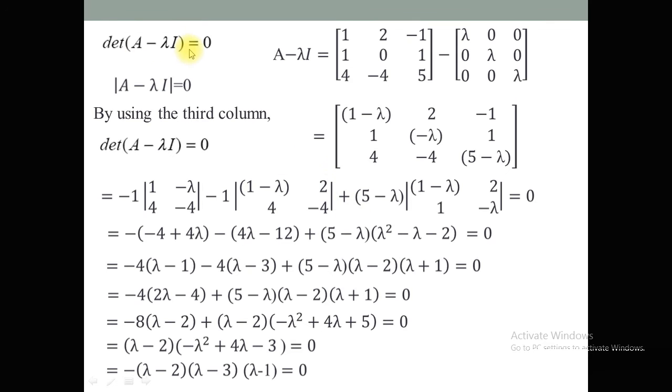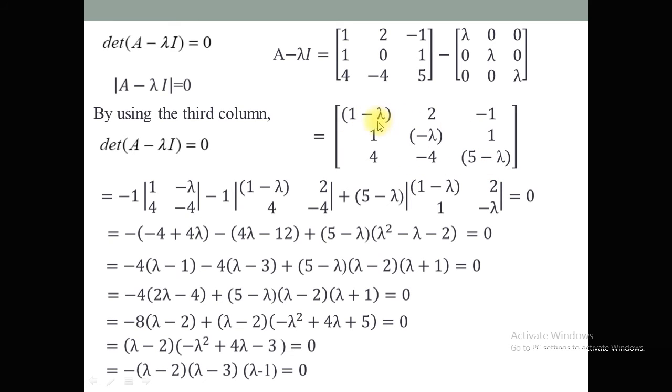You see over here, I want to tell you about finding the eigenvalues using the characteristic equation: determinant of A minus lambda I is equal to 0. So this is matrix A, multiply lambda with the identity matrix, and then subtract it from this matrix. We obtain 1 minus lambda, 2, minus 1, 1, minus lambda, 1, 4, minus 4, 5 minus lambda.